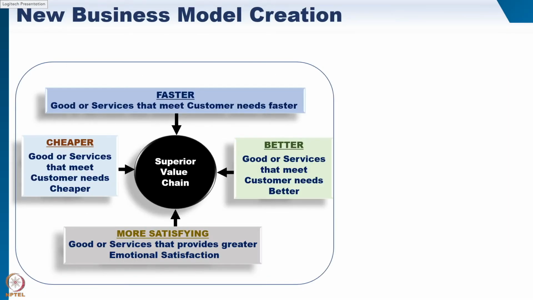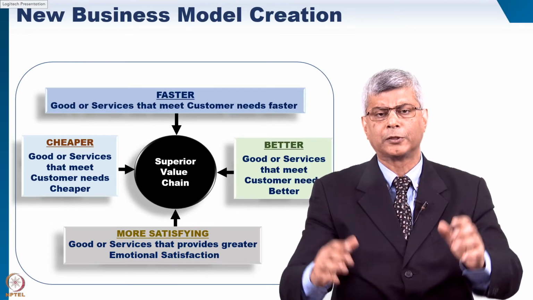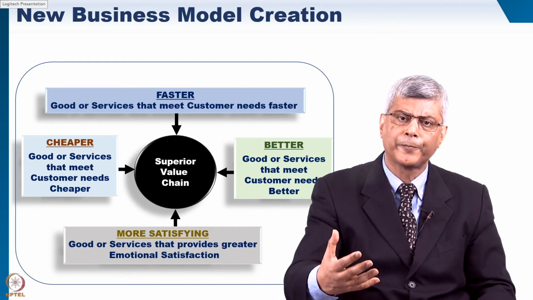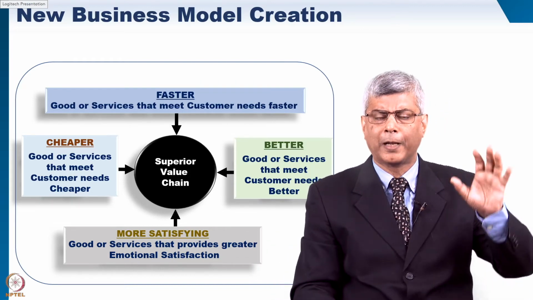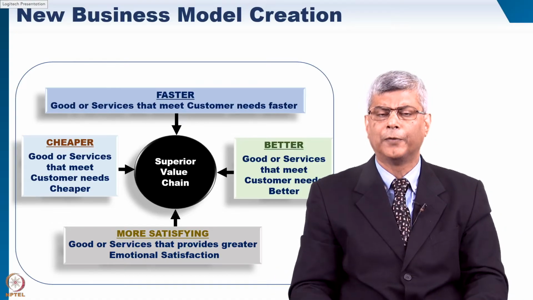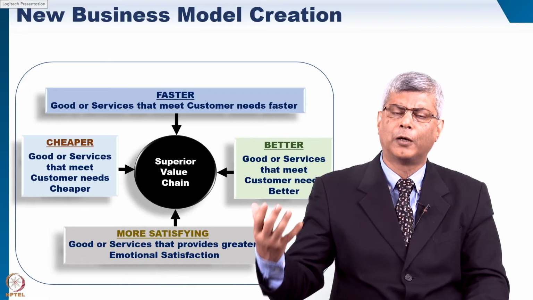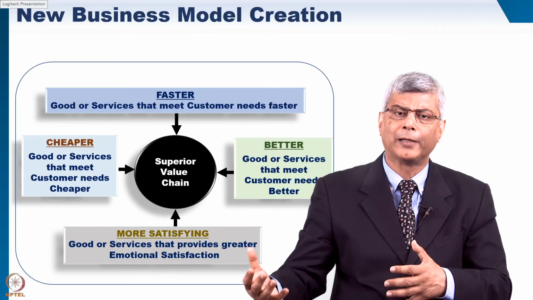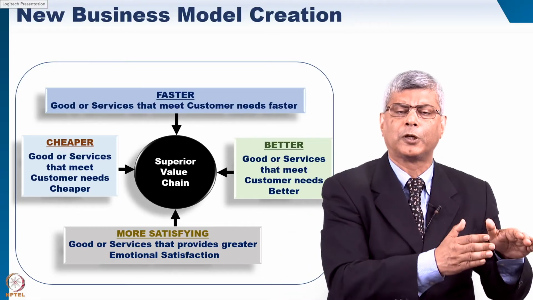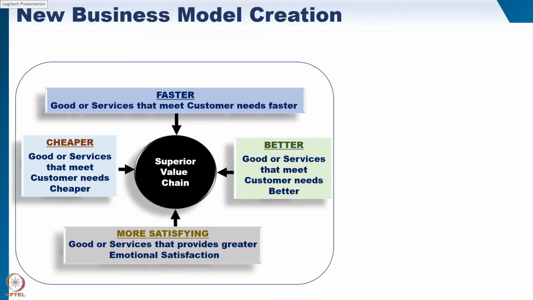Now, how do you create a new business model? There's an existing business model. There's an existing value chain. Whichever way you have captured the business model, using Michael Porter's framework or the business model canvas or some other canvas, you have understood how the company adds value, creates value, how the company captures that value, what is the revenue stream, and therefore working back over the cost and different activities the company does, and then generates some profit.